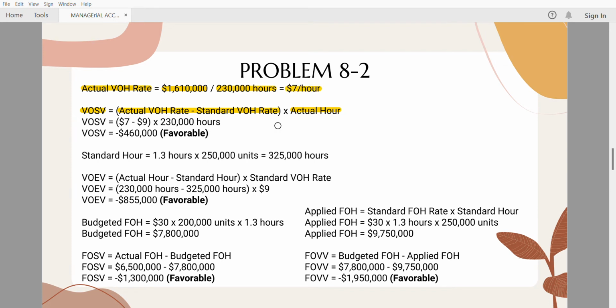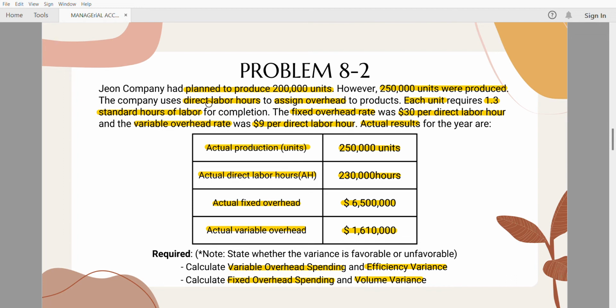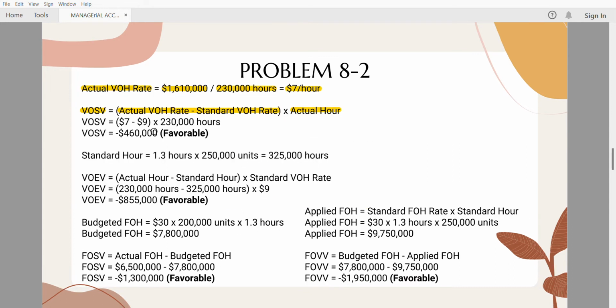And how do we know? We divide by hour because they told us that the direct labor hours is used to assign overhead. So we use the direct labor hours. Then we can calculate $7 minus $9 times the actual hour, which is 230,000 hours, and we get $460,000, and it's favorable since it's minus.